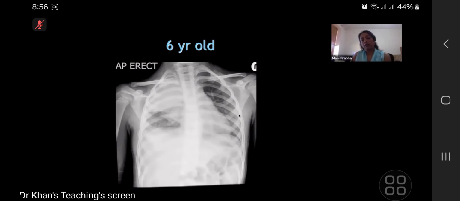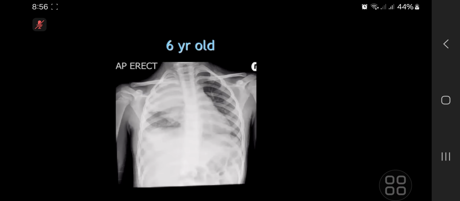Would you like to describe this for me, please? Yeah, it's a frontal chest radiograph of a 6-year-old child. It's an AP erect film, which is demonstrating an air fluid level and opacification of the right upper and mid zone. The rest of the lung appears normal.